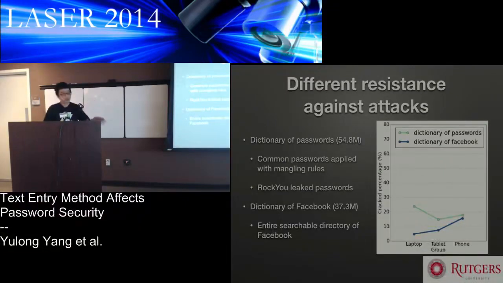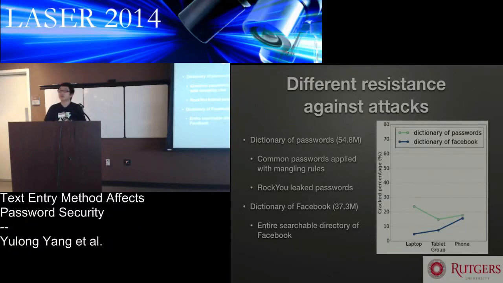So that's probably why this dictionary attack worked best on the smartphone group, because in the laptop or tablet group, the participants tend to create passwords with just one or two long lowercase letters. That would decrease the effect of this dictionary attack, because this dictionary contains only names, no symbols or digits.